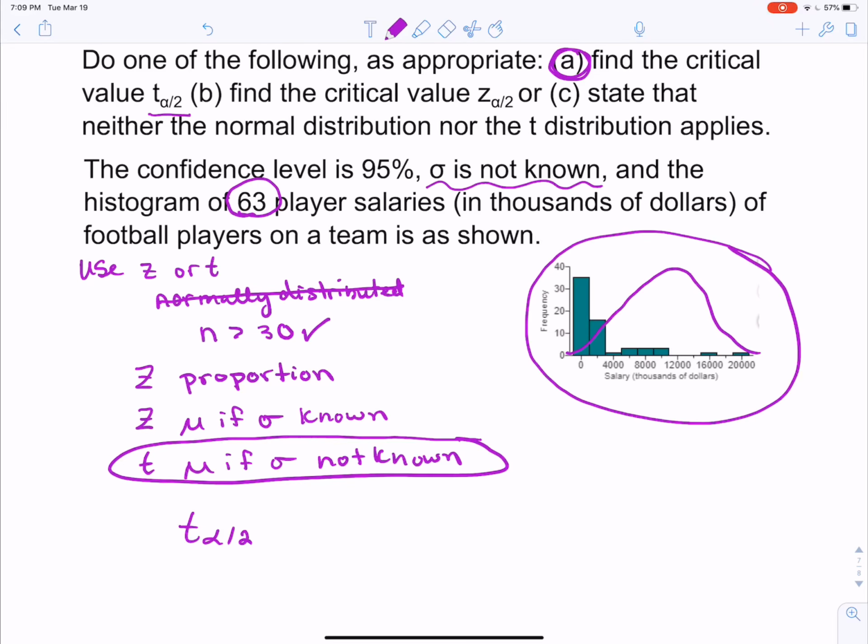If you're trying to use the table, the first thing you need to do is calculate the degrees of freedom. And remember, your degrees of freedom is n, your sample size, minus 1. So our n was 63. If we subtract 1, we find that our degrees of freedom is 62.